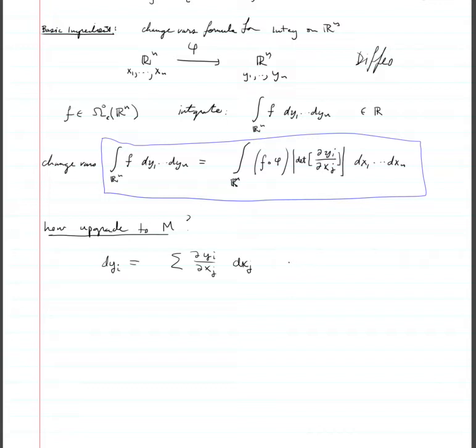So this is just the pullback formula. Technically speaking, I'll put this in quotes, because this is slightly imprecise. What's more precise is that phi pullback of dyi is equal to the sum from j=1 to n of (dyi/dxj) dxj.